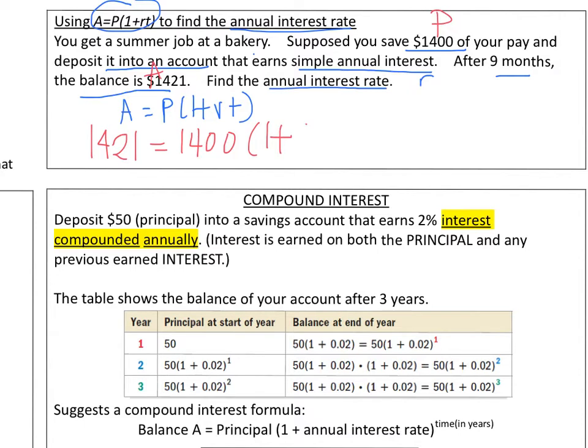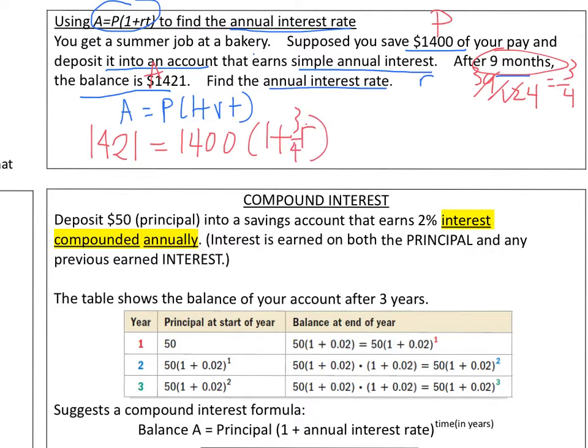And then 1 plus, 9 months is 3/4 of a year, and we want to use years, so 3/4 R.